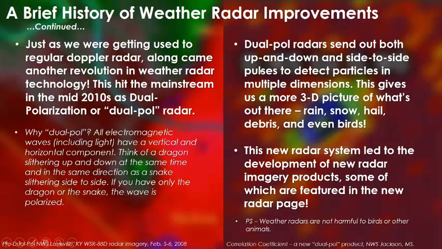So dual pol radars send out both up-and-down and side-to-side pulses to detect particles in multiple dimensions, which allows us to have a more 3D picture of what's out there, whether it's rain, snow, hail, debris, and sometimes even birds. This new radar system led to the development of new radar products, and some of those are available to you now in the new radar page. And just by the way, weather radars are not harmful to birds or other animals.